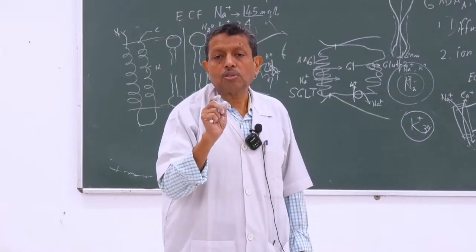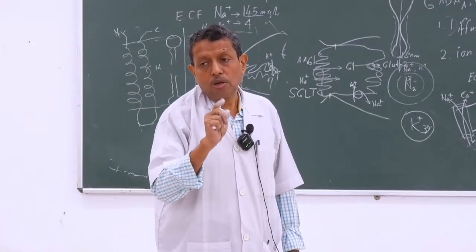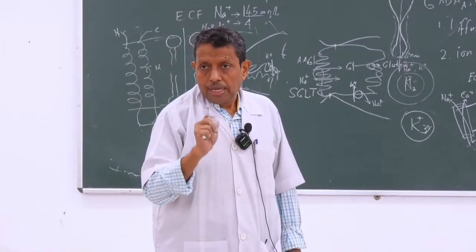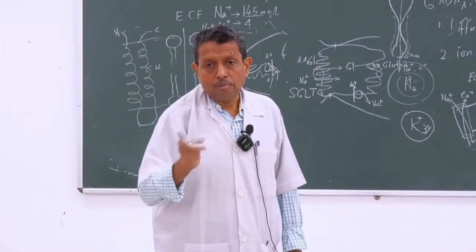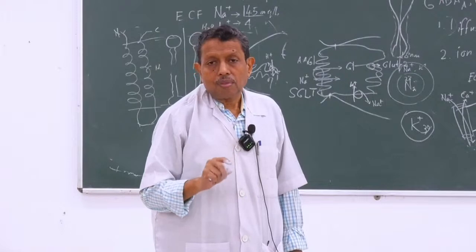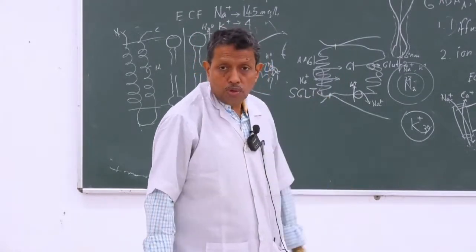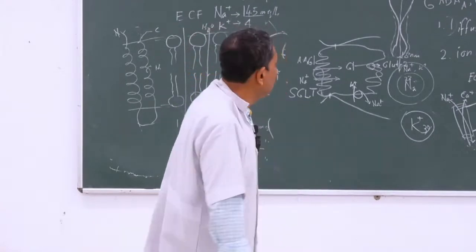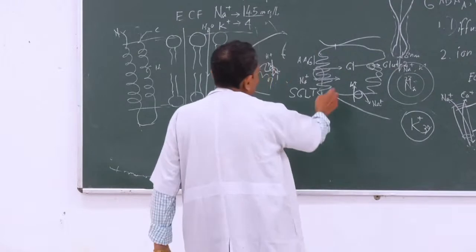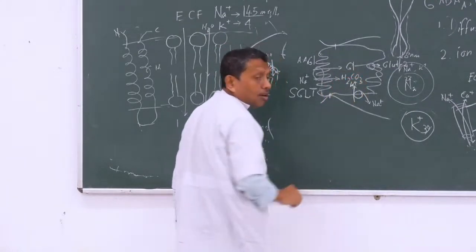And GLUT1, suppose, is an example of a uniport. It will allow one particular molecule. But in some cases, it is a co-transporter, and SGLT is an example of a co-transporter, or there is a counter transporter. How? Suppose within the cells, H2CO3 is formed from carbon dioxide.